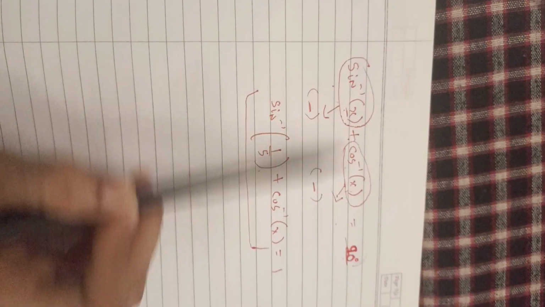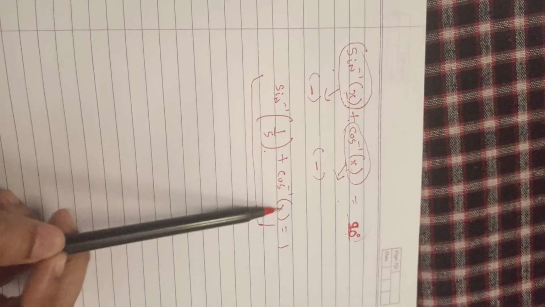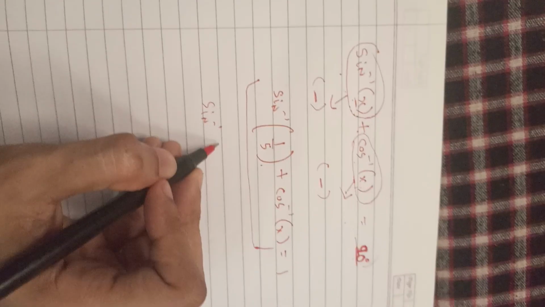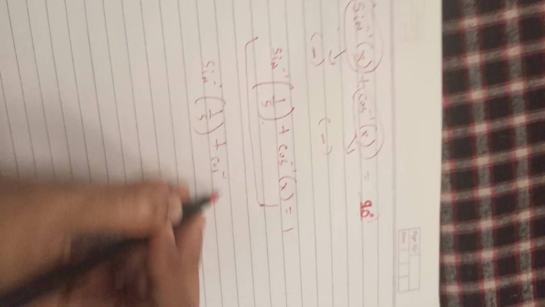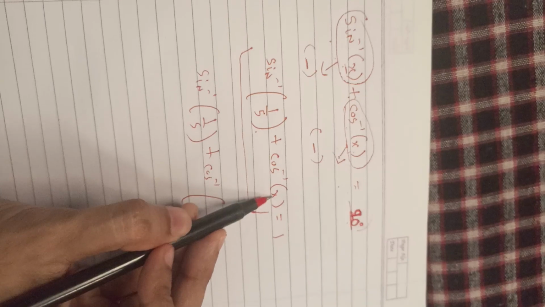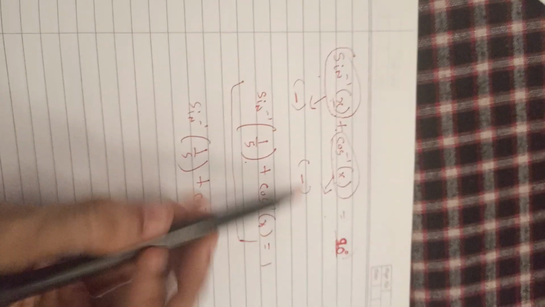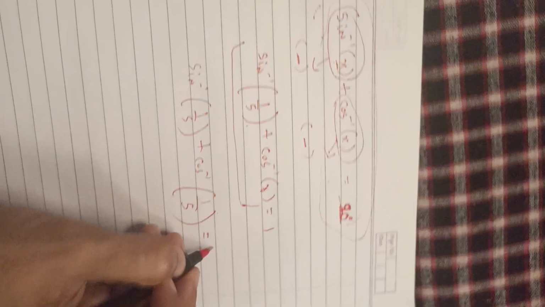So what value do we say? That should be 1 by 5. So sine inverse 1 by 5 addition of cos inverse, that must be 1 by 5 to fulfill that identity. I just missed the sine bracket.